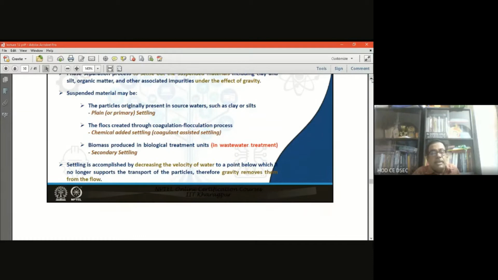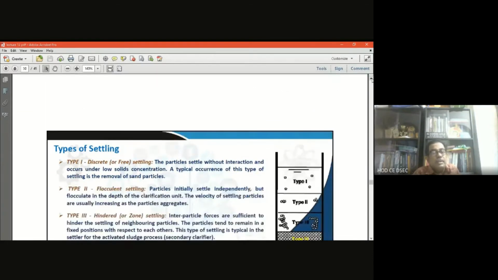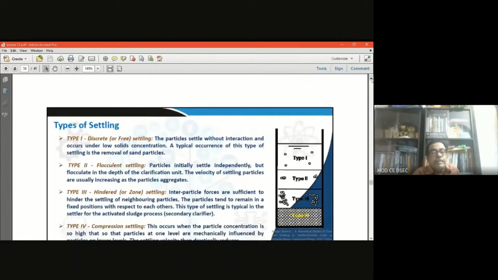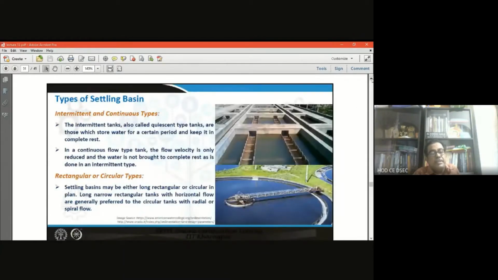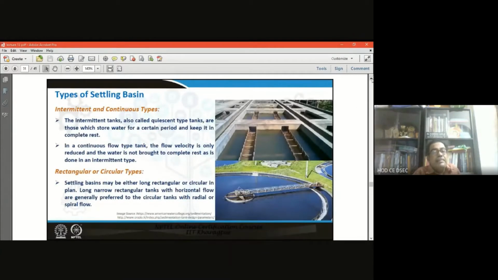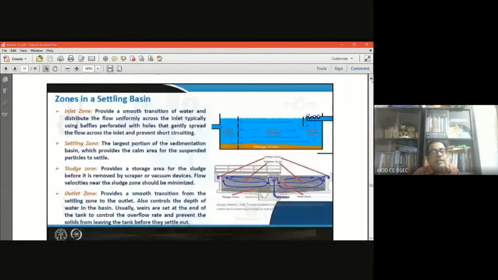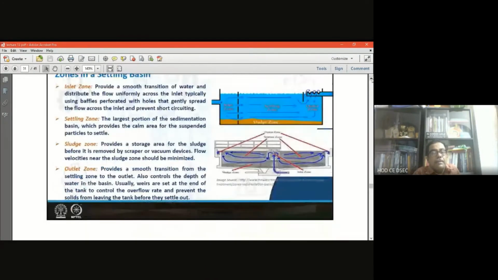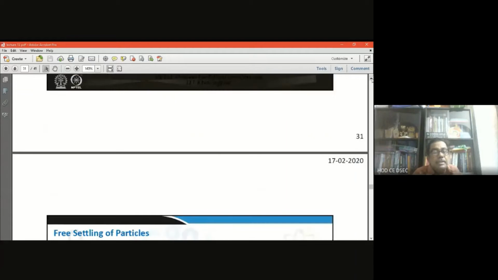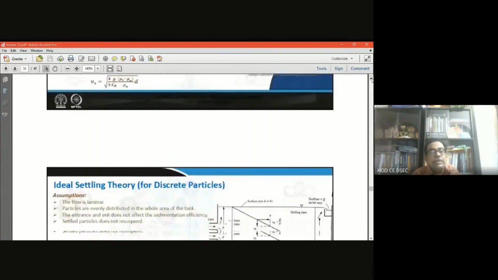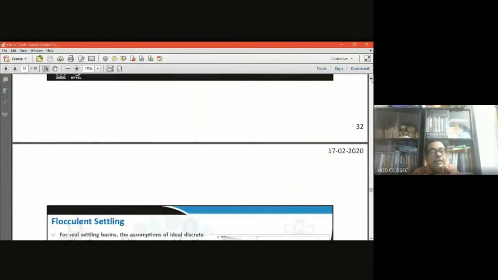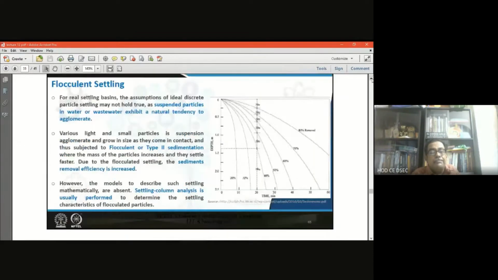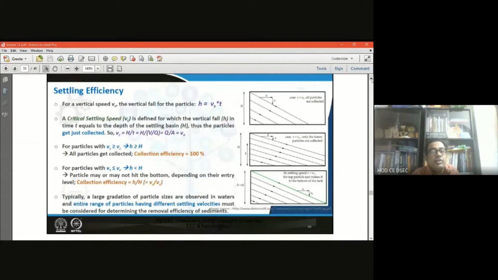That we will see next. But now I will discuss the physical sedimentation process. The tank may be rectangular or circular. First of all, let me discuss the plain sedimentation technology.